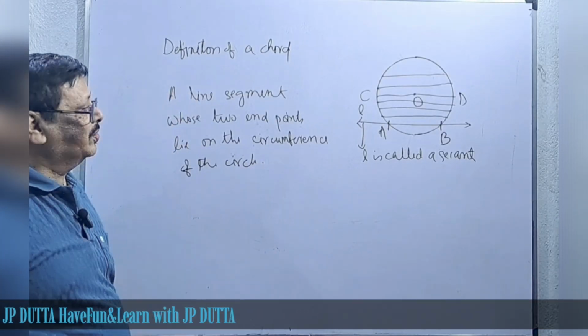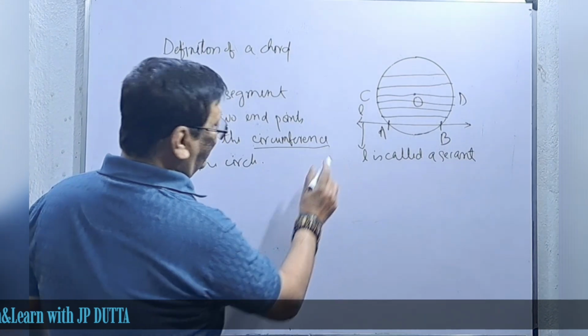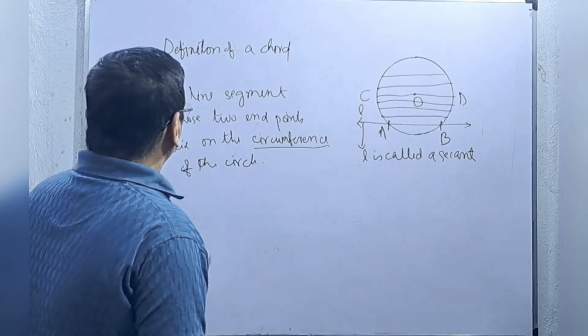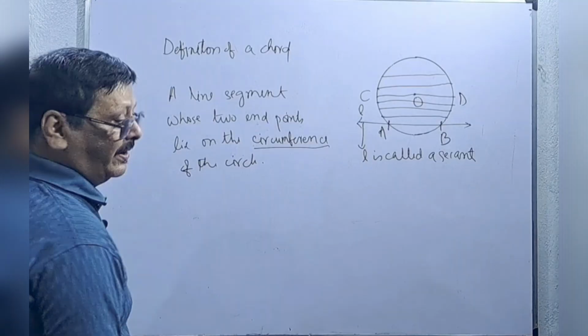Now let's say what is circumference, right? I'll come to that right now. So this is the definition of a chord, right?